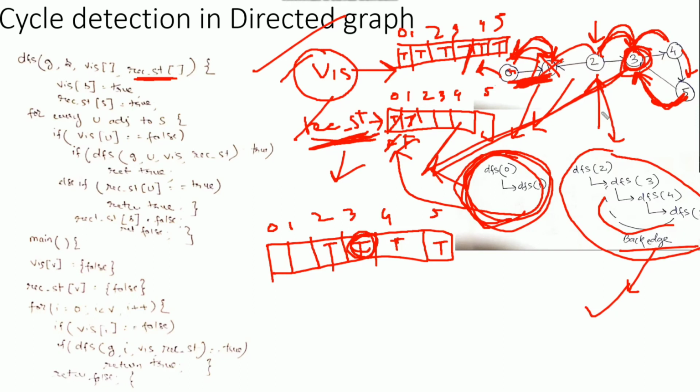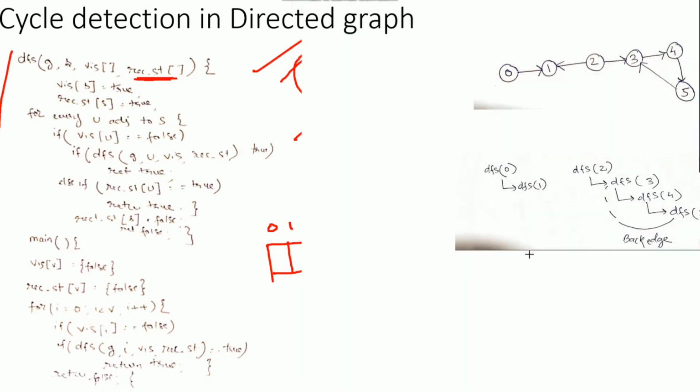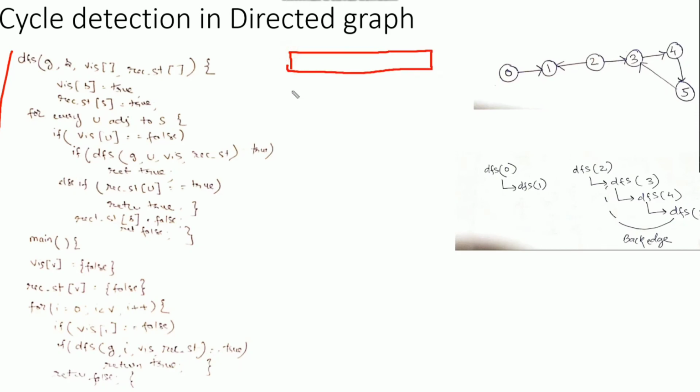Right now I'm going to do a dry run for this graph. First of all, I'll make the visited array. This is my visited array, and this is my recursion stack array.